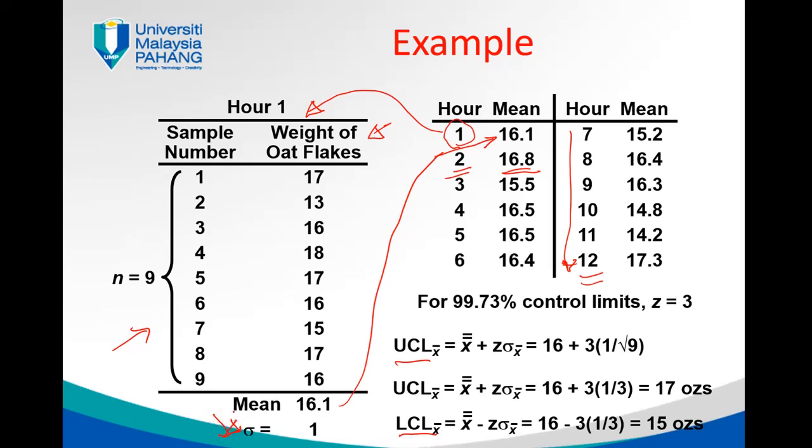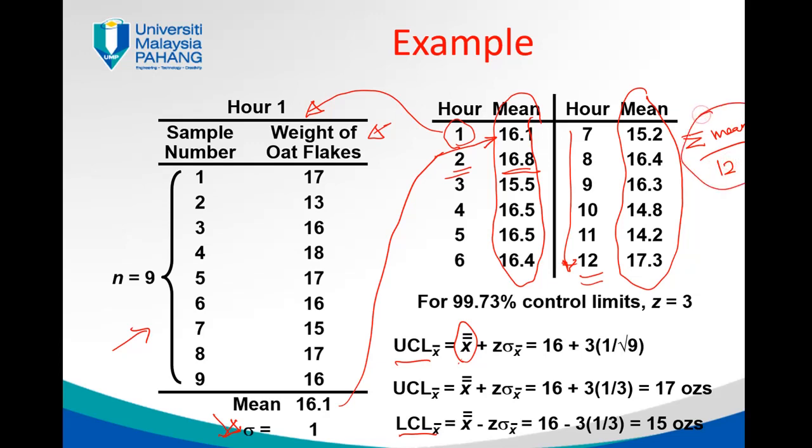All right, so now we can calculate the upper control limit. The upper control limit is x double bar, which is the mean of the mean. So we sum up all of these values and divide by the number of hours, 12.